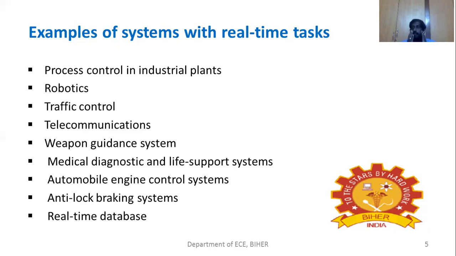Every task should be completed within a fixed time, otherwise it is useless, so we go for a real-time task and real-time operating system. Then you can provide an output within a specific time and manage the systems effectively. Then automobile engine control systems, anti-lock braking systems, and real-time database access are systems which require a real-time task.